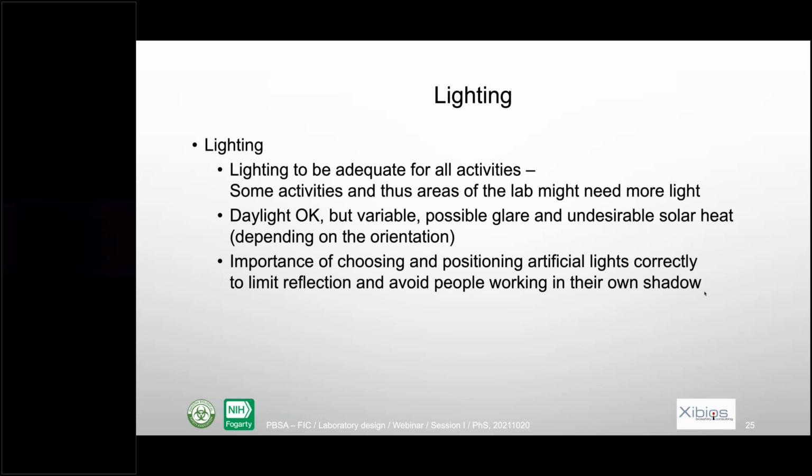So we usually need artificial light. And in that case, you really need to think about the position of those lights in order to be sure that they give the correct amount of light, that there is not too much glare or reflection, and also avoid that people, for instance, work in their own shadow, which is not very interesting.